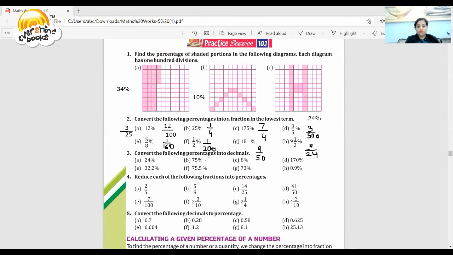Now if we want to make it in decimal, what you are going to do is, you just think that 1 is the decimal and 2 zeros are the numbers behind that.